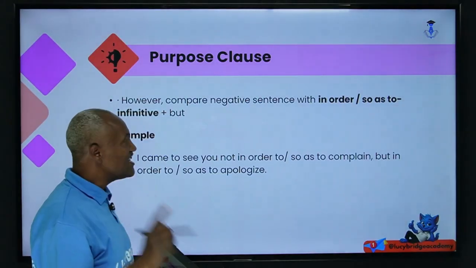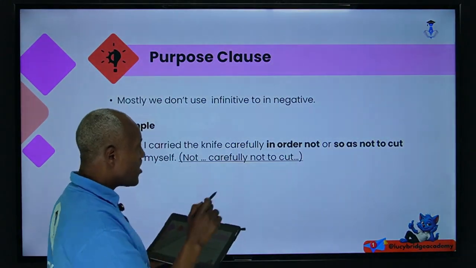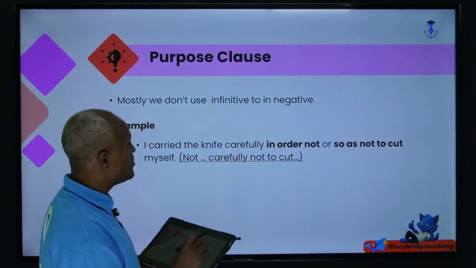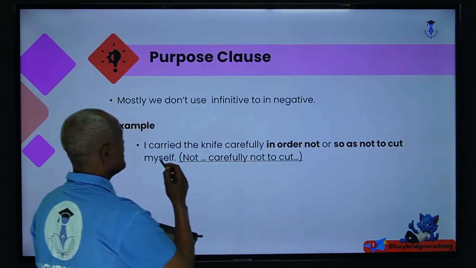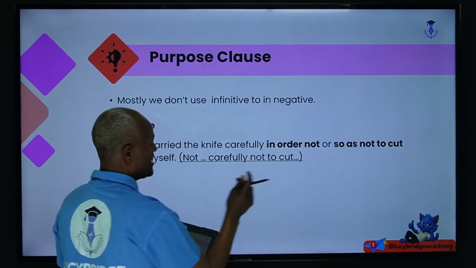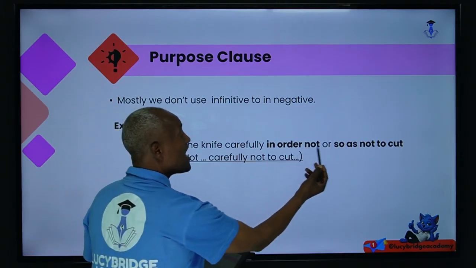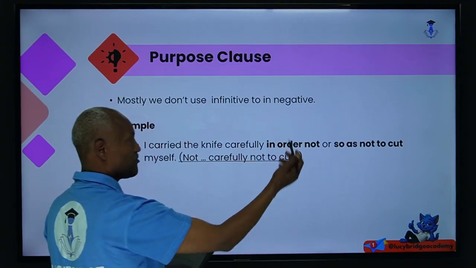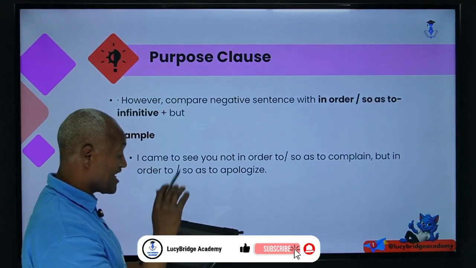Here, don't forget, in this structure, previously we said not must come before to. But here, in order not, so as not to cut, not comes here. Remember, you can compare. Here, not comes before to when we use in order not and so as not. But here, take care, this is another type.